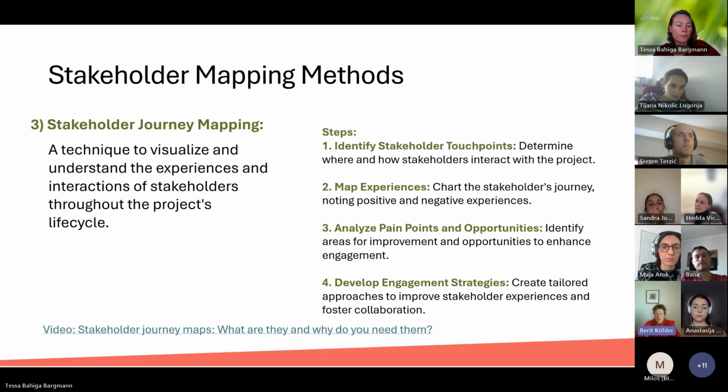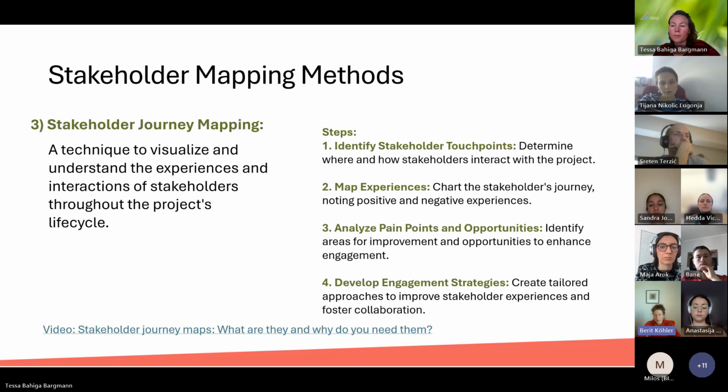And another third stakeholder mapping method that I would just shortly like to mention is called the stakeholder journey mapping. And this is a technique to visualize and to understand the experiences and interactions of stakeholders throughout the project's life cycle. And here one could go through these different steps.